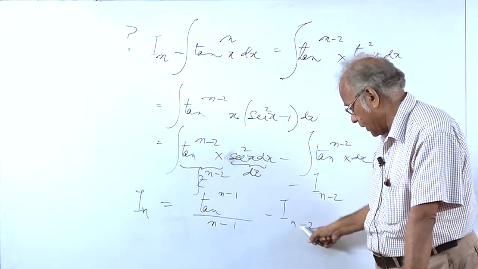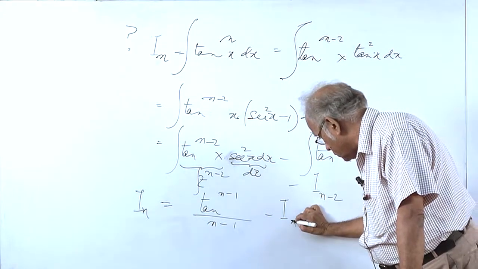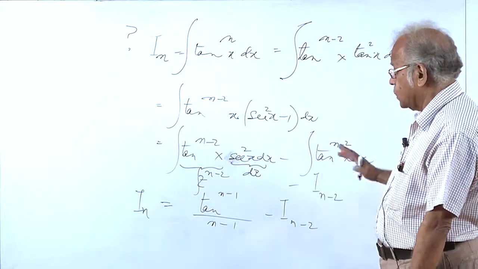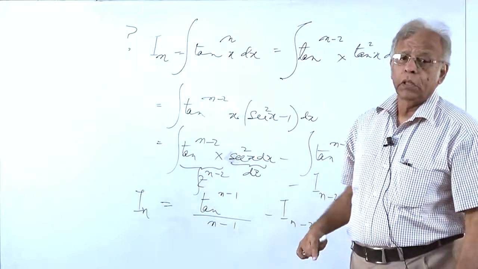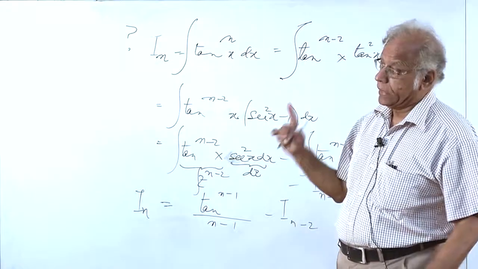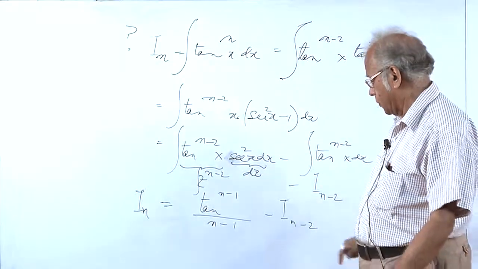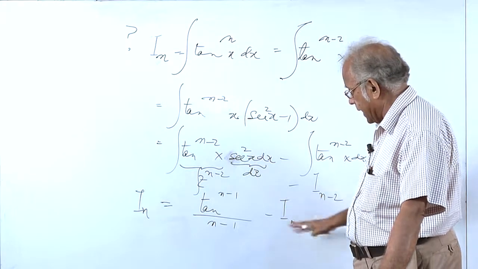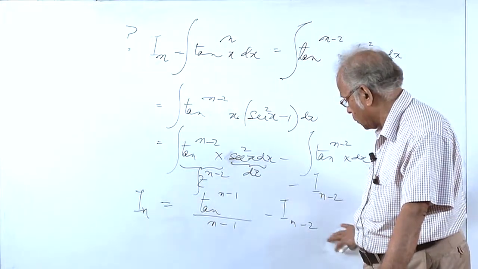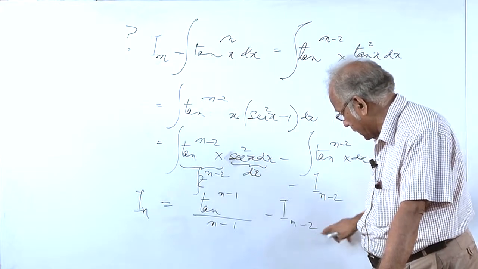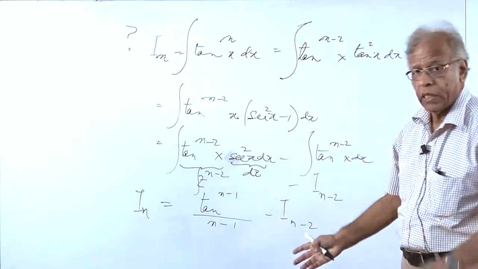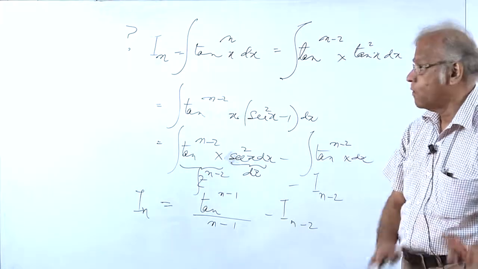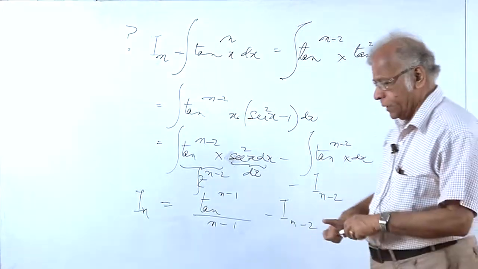This is I sub n minus 2, and that is why this is called a reduction formula or integration by successive reduction. One can see that if every n here is changed to n minus 2, then this can be evaluated and made to depend on I sub n minus 4. We'll just do one more step.